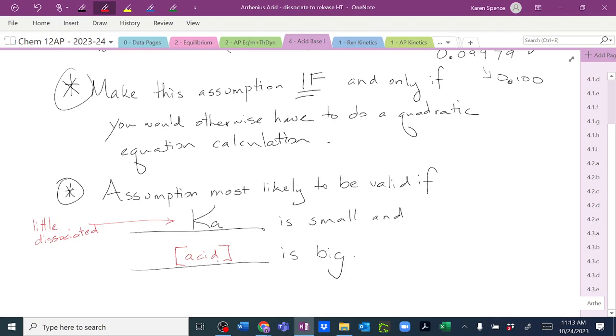The small amount is small compared to the big amount.